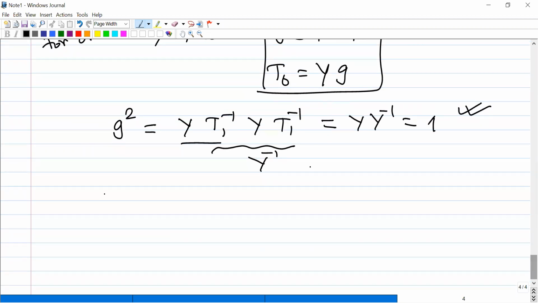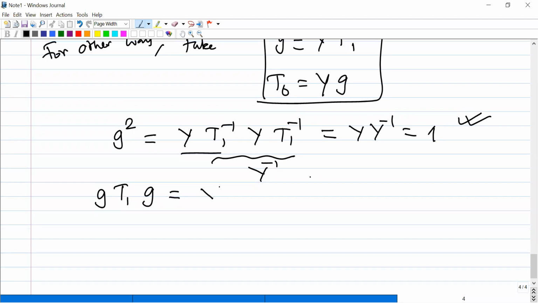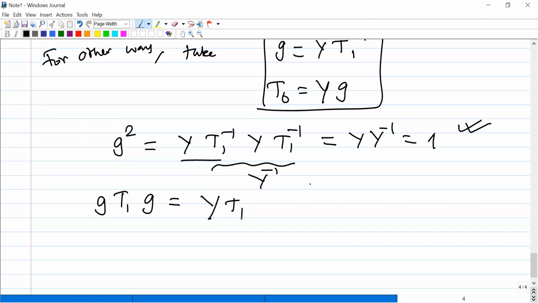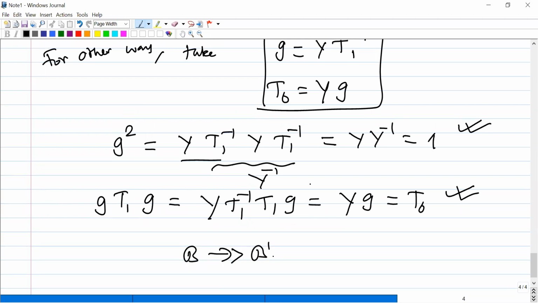Now if you compute G T1 G, that is exactly equal to Y T1 inverse T1 G, which is YG, which is T naught. The second relation is also verified. So that means you have a surjective map from B to B dash, and the composition is identity, so you will have an isomorphism.